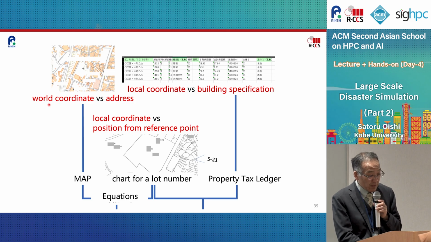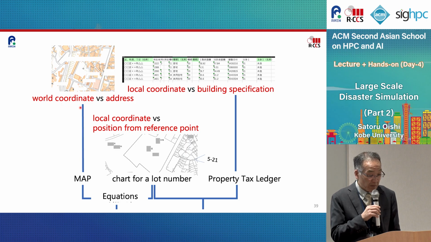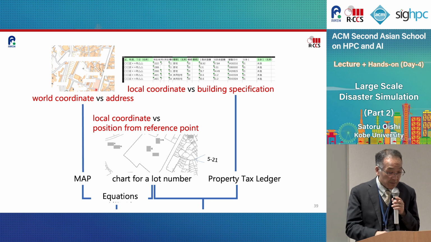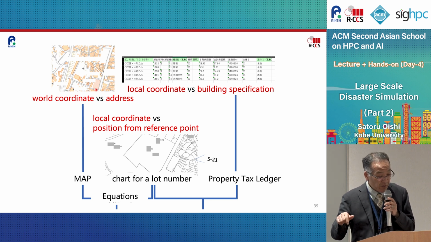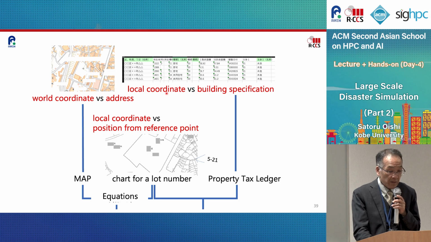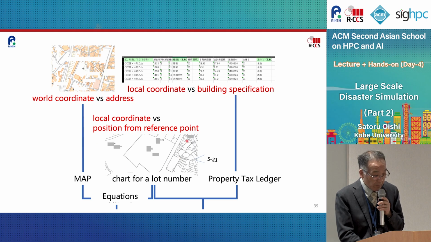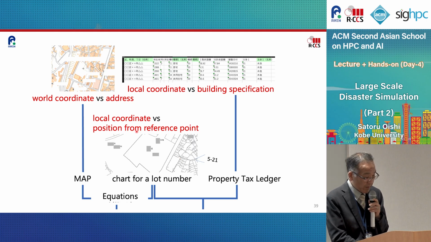You need to connect the world coordinates with the address, this Port Island address and so on, and you need to refer to the local coordinate versus the building specification, and the local coordinate and position from the reference point in the PDF.